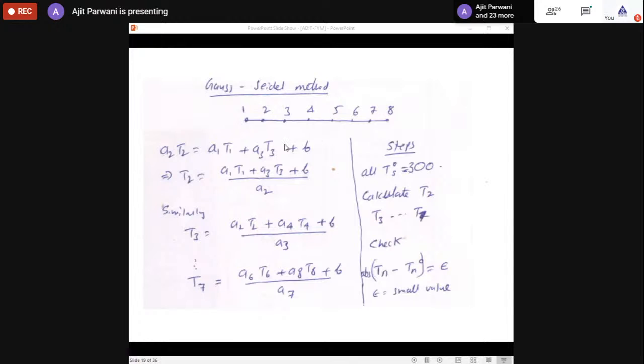Suppose this is the standard form of the finite volume equation, and you have n number of grid points. Then at each grid point you can write the equation like this using the standard form, and then by the Gauss-Seidel method you can solve and find out the value of temperature at each point computationally, with the help of a computer program in MATLAB or any other platform that you choose, C, C++ or whatever.